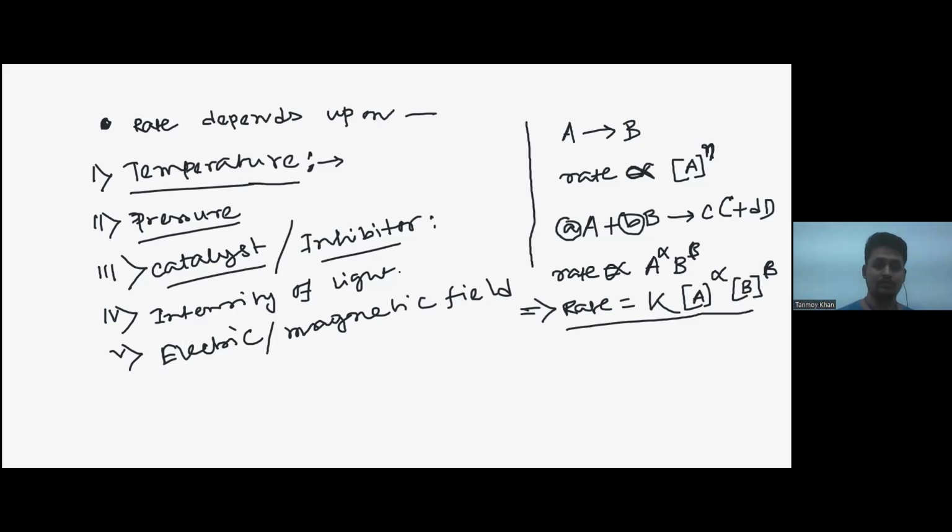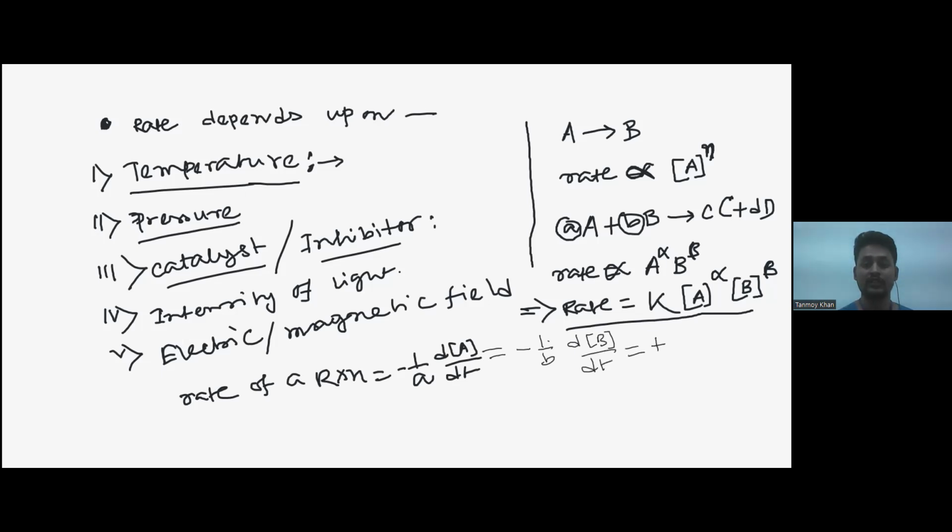Now if we mark these two, we can get the rate of a reaction as minus 1 by a d[A]/dt equals minus 1 by b d[B]/dt equals plus 1 by c d[C]/dt equals plus 1 by d d[D]/dt, equals k, concentration of A to the power alpha, concentration of B to the power beta.